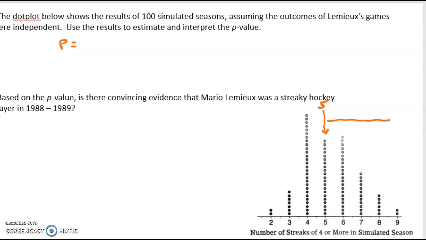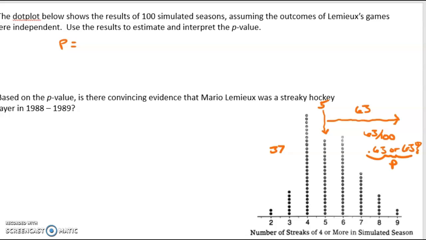And like I said, the bad news is you got to start counting dots. Now, luckily for y'all, I counted the dots over here earlier, and I think there was 37, which means over here, this should be 63 to make 100. So that means 63 divided by 100. So we're looking at 0.63 or 63% for our p-value.